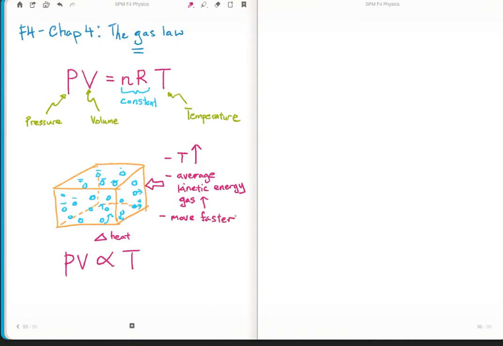When you move faster, you will collide, like what you have learned in the previous chapter, with each other as well as with the wall. So what happens? The particles move faster and collide with each other at higher frequency, meaning more frequent.